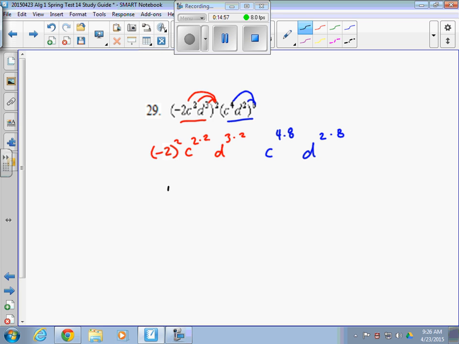But when we simplify it, negative 2 squared is going to be a positive 4. C to the 2 times 2 is C to the 4th. D to the 3 times 2 is D to the 6th. C to the 4 times 8 is C to the 32nd. D to the 2 times 8 is D to the 16th. Then you add your like bases.